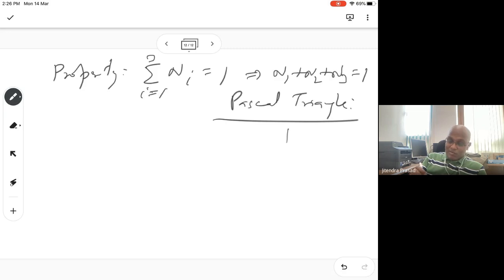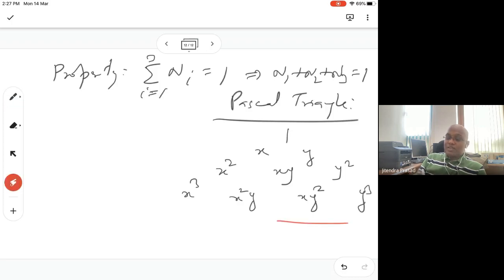So you have 1, then x, y, then x square, xy, y square, then x cube, x square y, x y square, y cube. These are the terms you can have in the shape function.